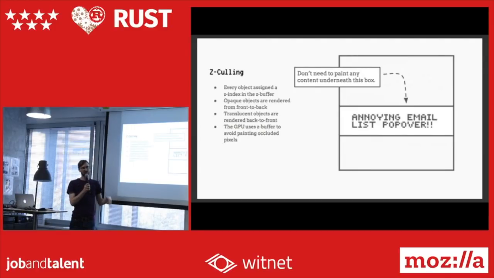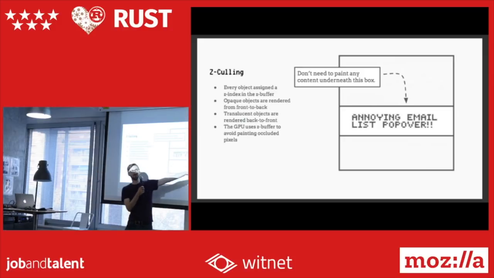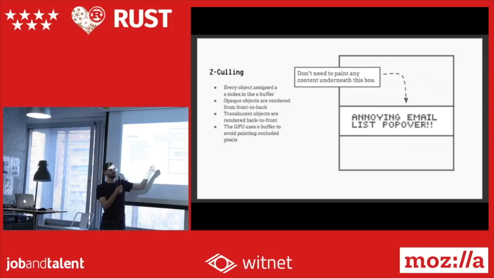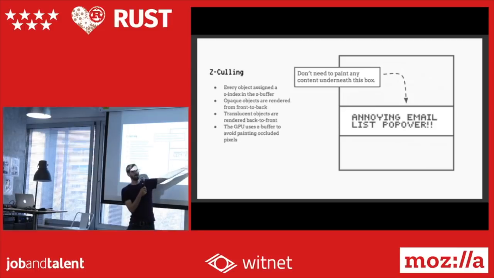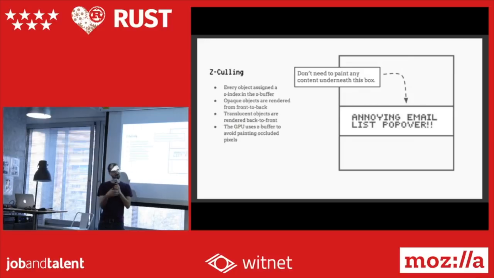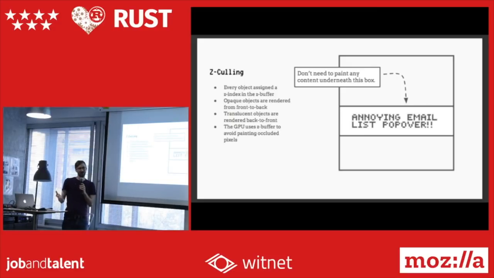So what Z-culling allows is we paint this first, and then we send this to the GPU first, and then when we try to send the things underneath, the GPU knows, okay, this thing is behind this, I don't need to touch that pixel. And basically, the GPU is more efficiently rejecting things that it knows it doesn't need to show. And that means that we only touch those pixels a minimum number of times.